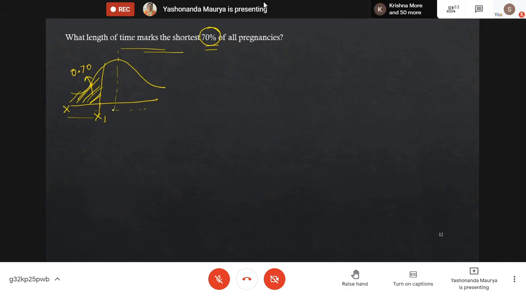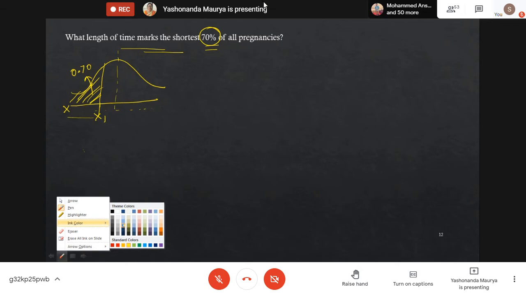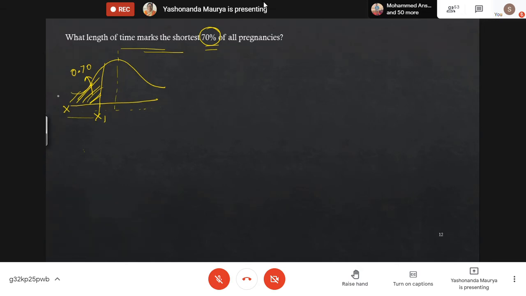Something is wrong here. What is wrong? This is not correct. It is less than the mean. Yes, very good. See, the length from this, in color, if I change, let me mark it blue. So see this area, this total area up till this mean. What is this area?